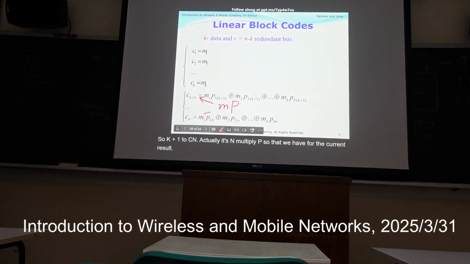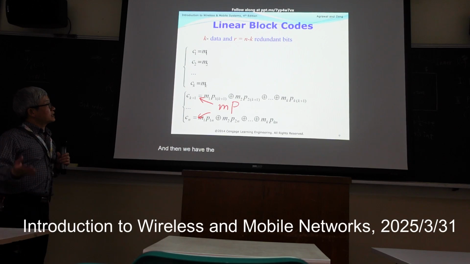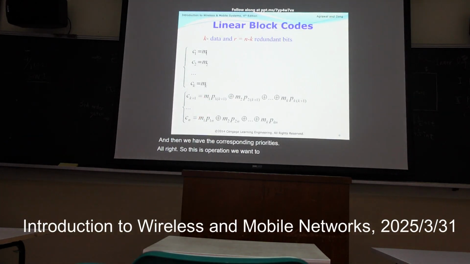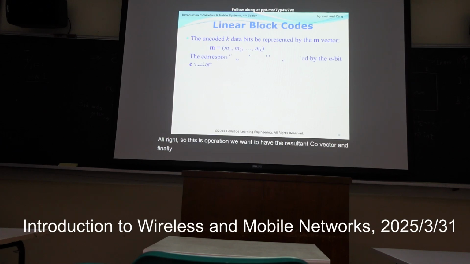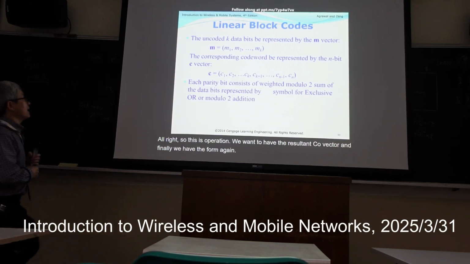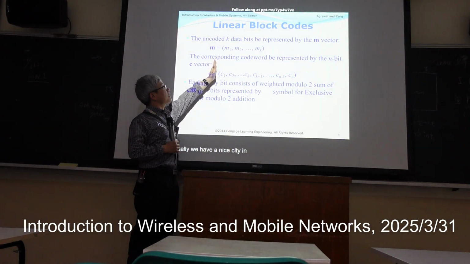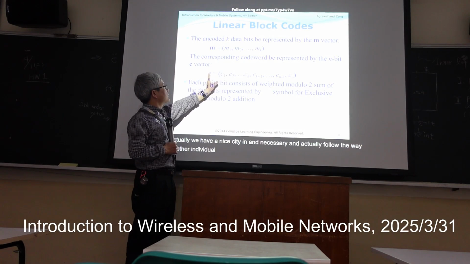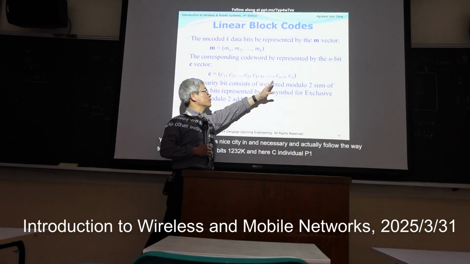And then we have the corresponding parities. Alright, so this is the operation. We want to have the resultant codevector, and finally we have the form again. You see, actually we have a message M, and the message M follows the individual bits 1, 2, 3 to K. And here C has individual bits 1 to K, and C K plus 1 to Cn.